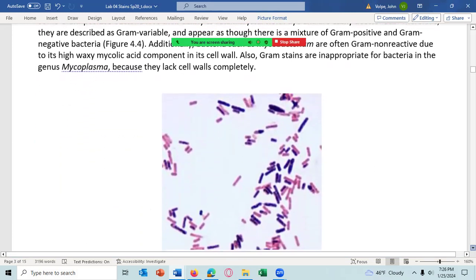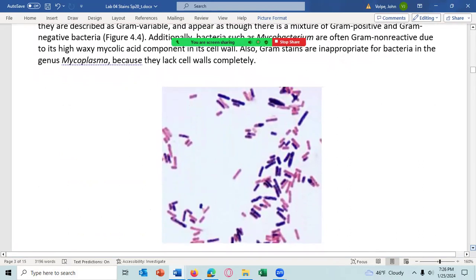Some bacteria do not stain well with the gram stain, and that is mainly members of the family Mycobacterium. The Mycobacterium have a lot of mycolic acid in their cell wall.